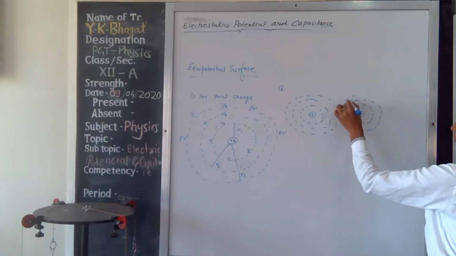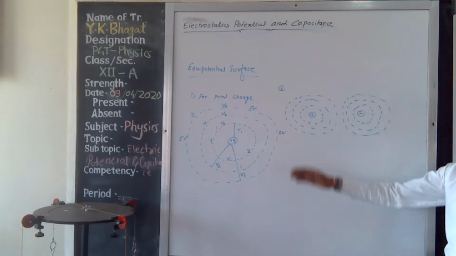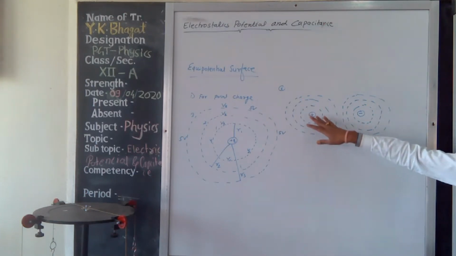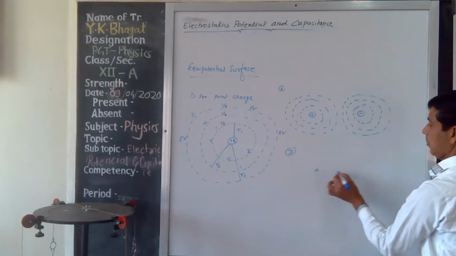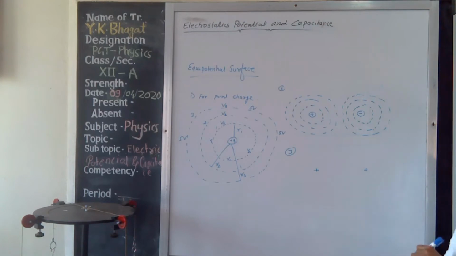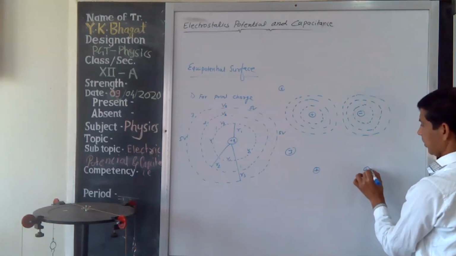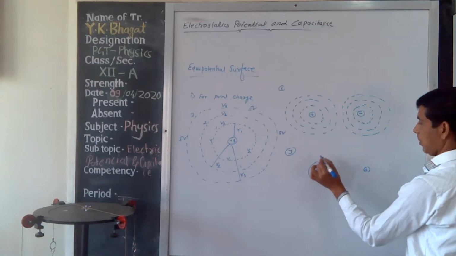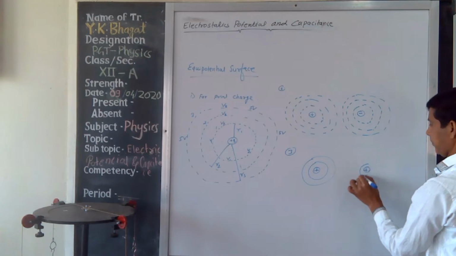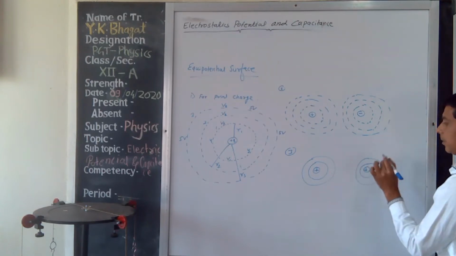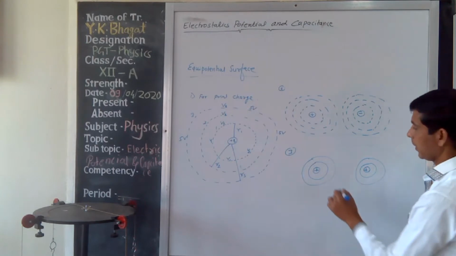This will be the pattern of equipotential surfaces for plus and minus. But when both charges are positive, then the pattern of equipotential surfaces will be in such a way.